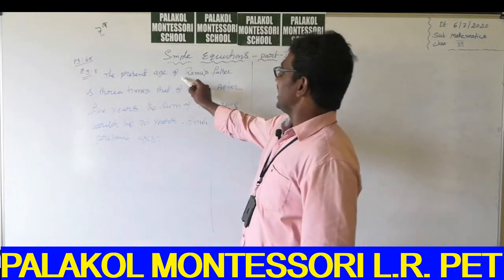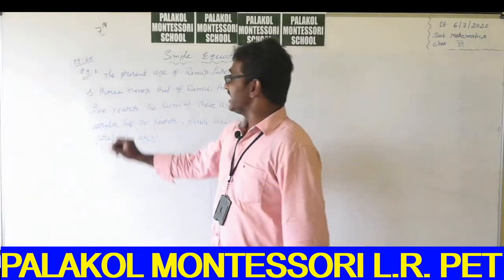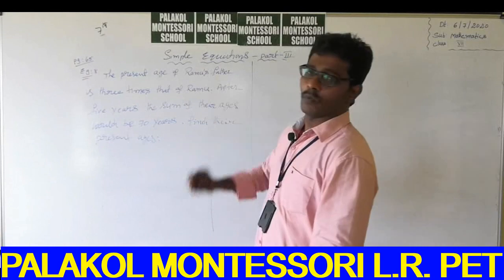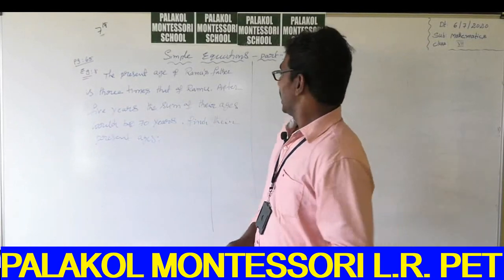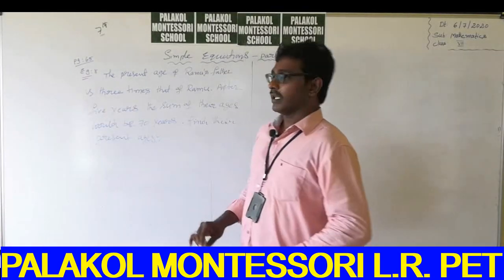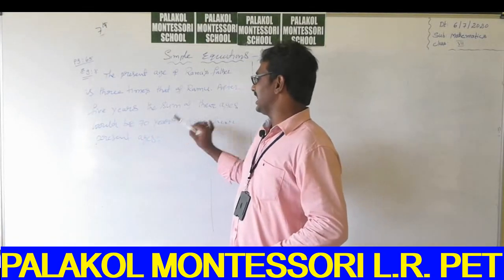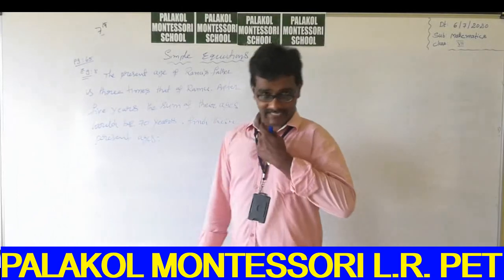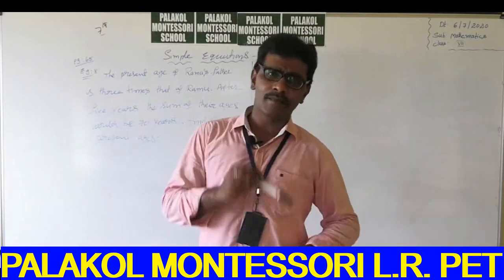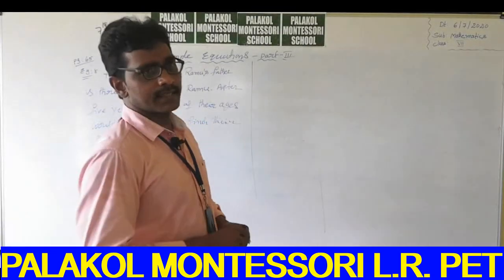The present age of Ramu's father is 3 times that of Ramu. After 5 years, the sum of their ages would be 70 years. Find their present ages. In this sum, two persons are there.